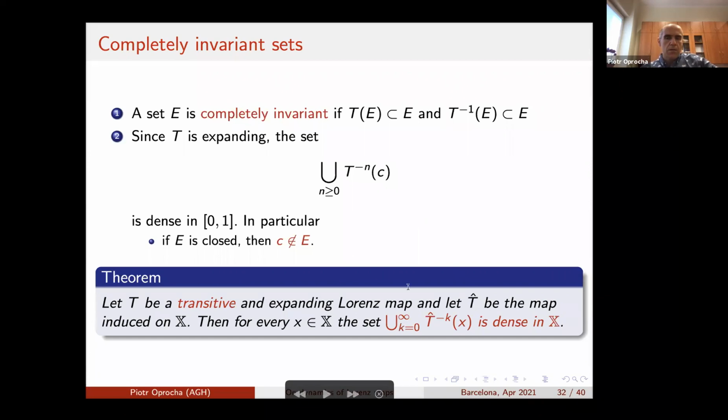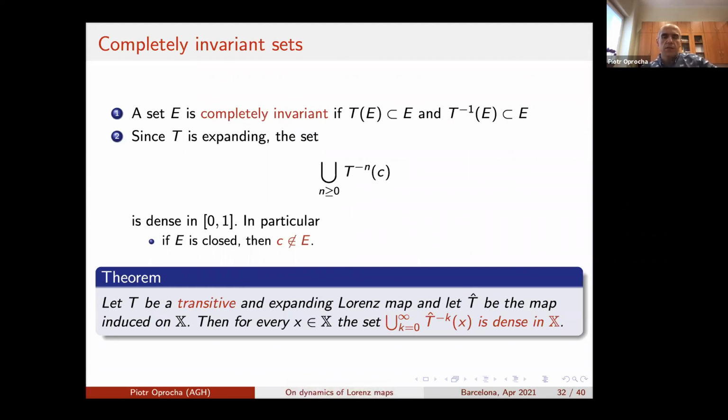This is also what we were able to prove with Łukasz. If you have transitivity, then not only the critical point, but every point in this extended Cantor set will generate backwards a dense set.